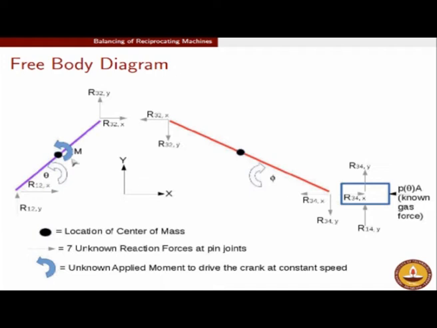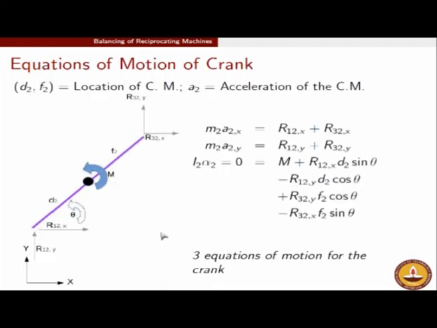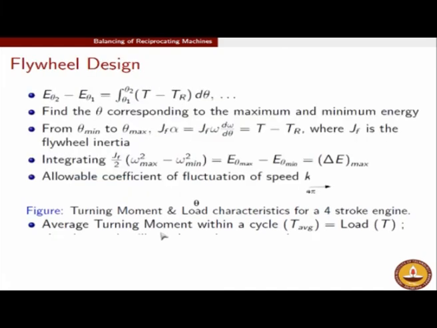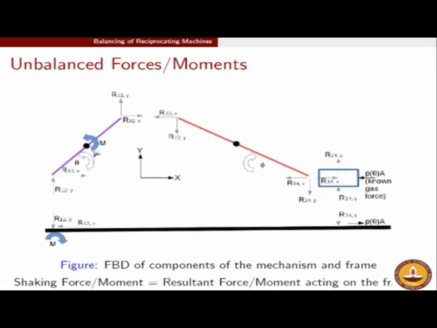Whatever is applied to the crank has to come from the frame, and therefore the reaction to the shaking moment I just talked about will also come to the frame. In this slide you will recall I gave a picture where an equal and opposite moment comes to the frame. So the frame gives this moment M.